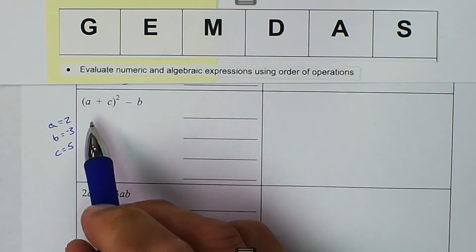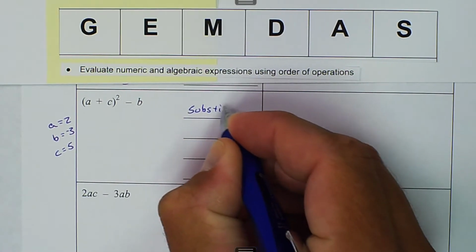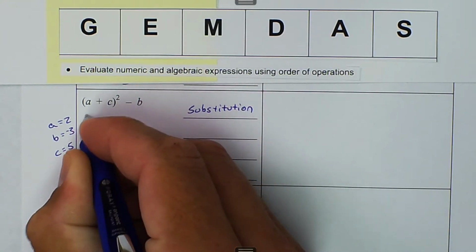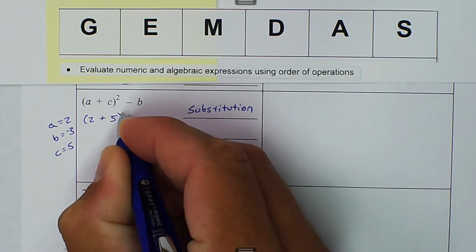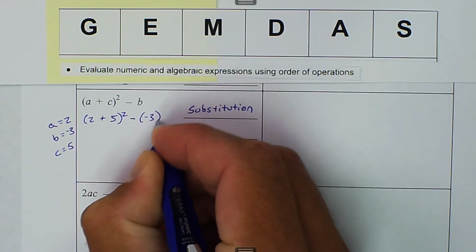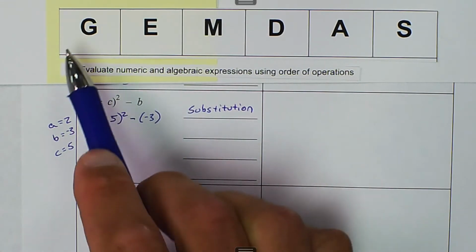And so first thing is we're going to substitute. A is equal to 2, C is equal to 5, and B is equal to -3. And we're going to go back to GEMDAS again. Do we have any groups?